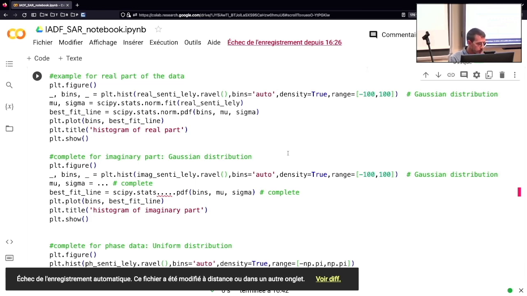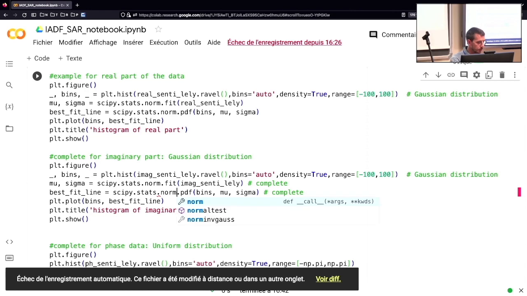The imaginary part follows as well a Gaussian distribution, so I'm going to copy to mimic what is done for the real part. And the distribution is normal, so I will select the normal distribution.